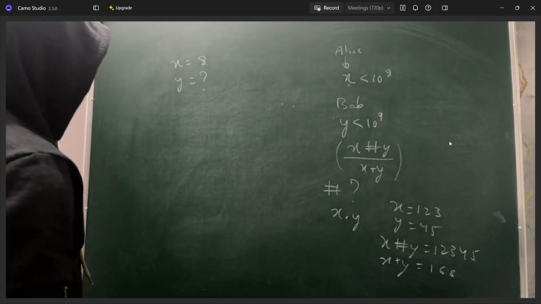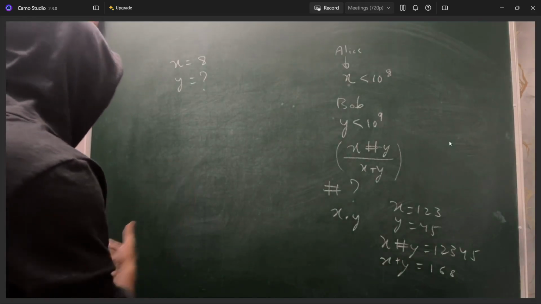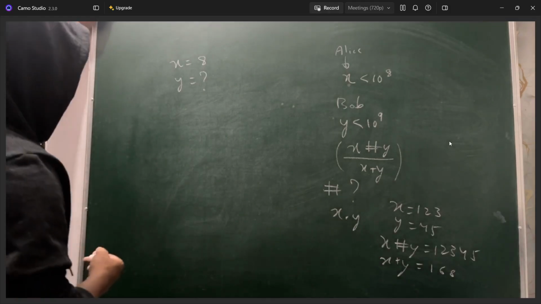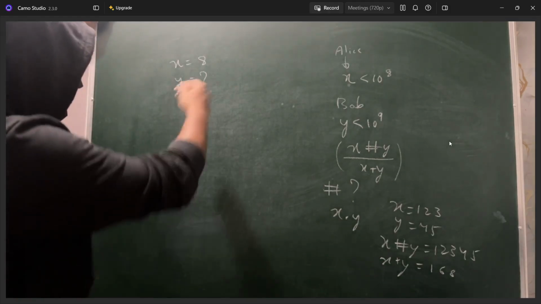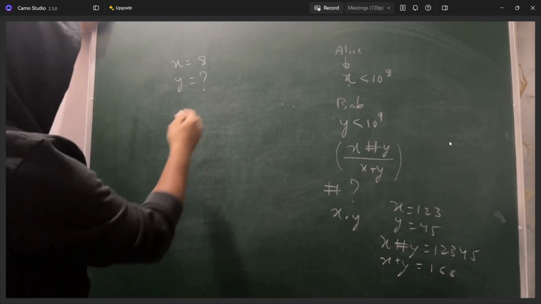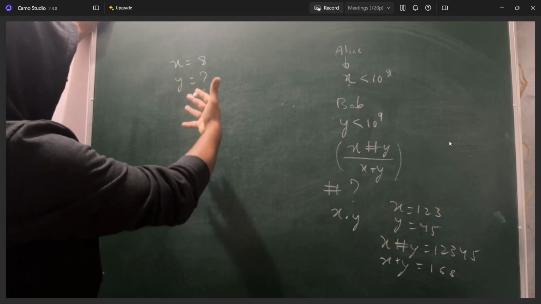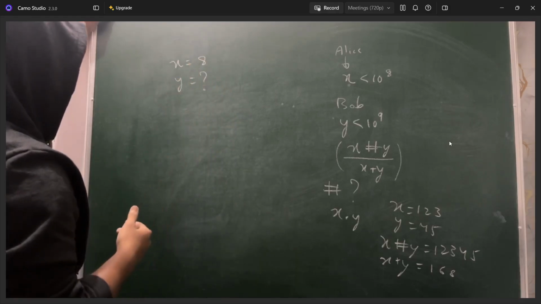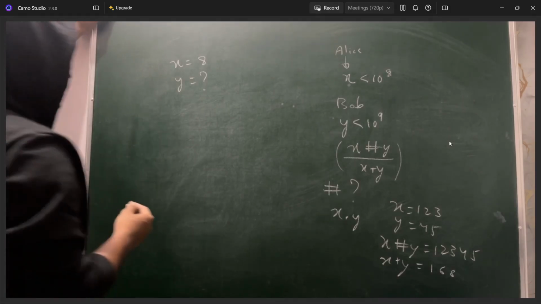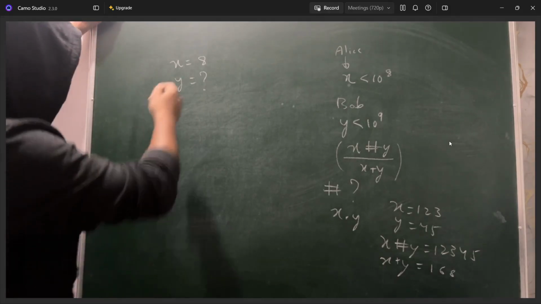So this is not the way; we'll have to choose the optimal approach. I did this by trial and error in the contest, but I'll first tell you how I did it, then generalize the solution so you'll understand.